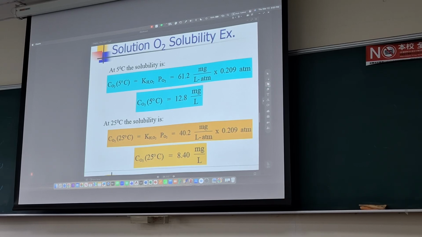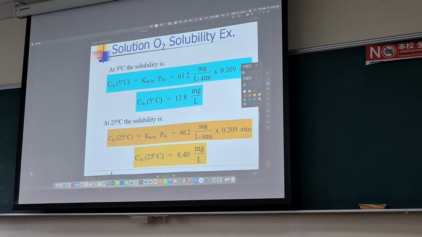Before I let you go, this calculation is super easy, but it has a lot of meaning inside. So I have another question: why does colder water hold more oxygen?